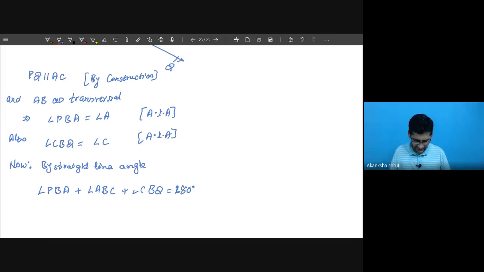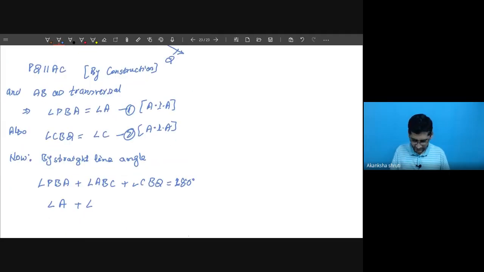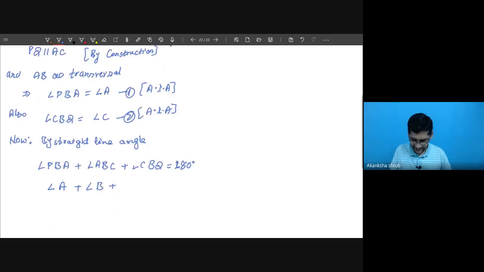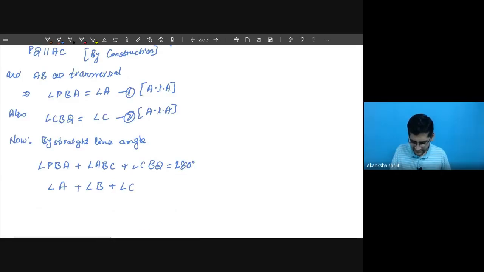Now, what is this PBA? It is the same as angle A. What is this angle ABC? In short form, it is denoted as angle B. And what is angle CBQ? We have denoted it as angle C. So it is our 180 degrees. Thus, what have we observed?